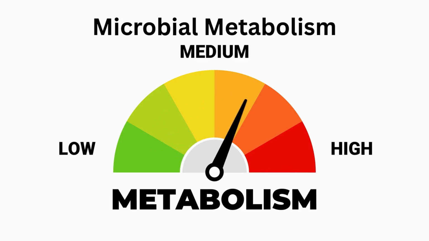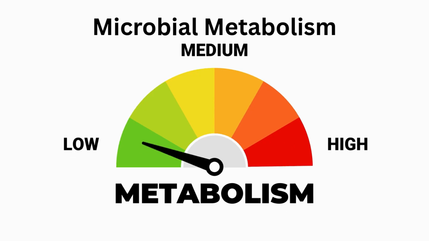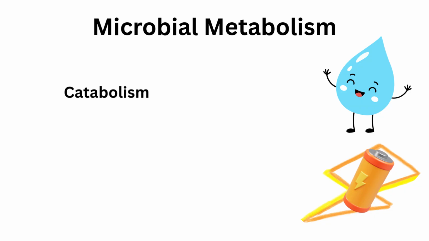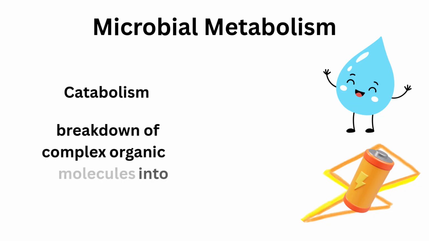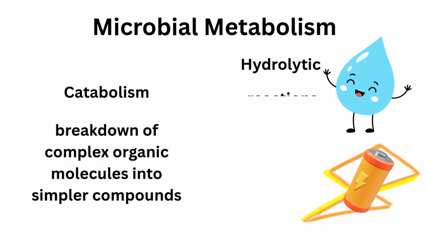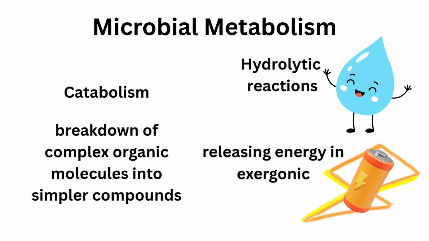Microbial metabolism is broadly divided into catabolic and anabolic reactions, which together constitute the cell's metabolic network. Catabolism involves the breakdown of complex organic molecules into simpler compounds through hydrolytic reactions, releasing energy in exergonic processes.